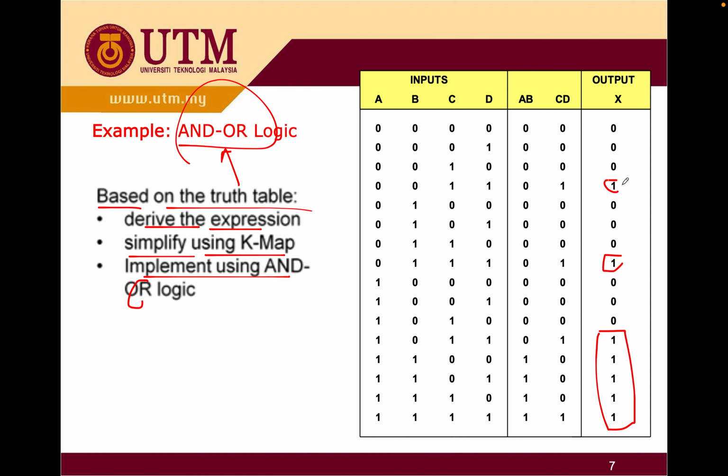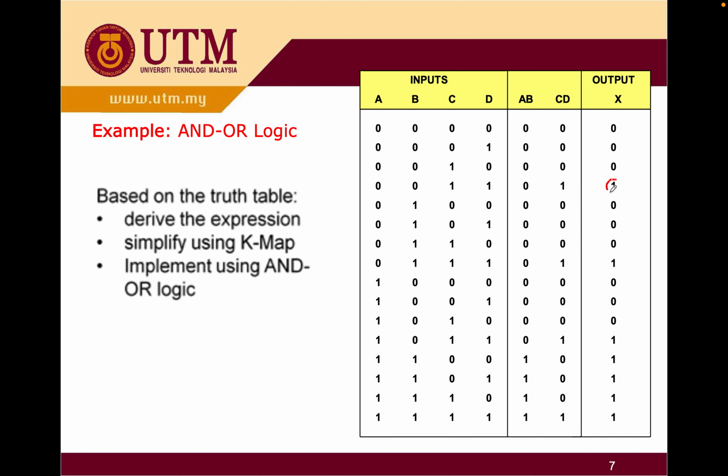You look into the input values. We can do it as A, B, C, D. But of course you can also play around with the inputs here. And using this, you can see this is having 1 and your output is 1, and so on.